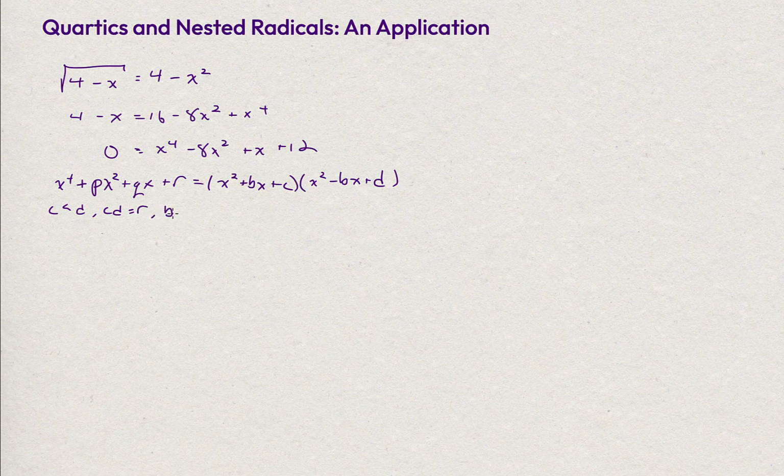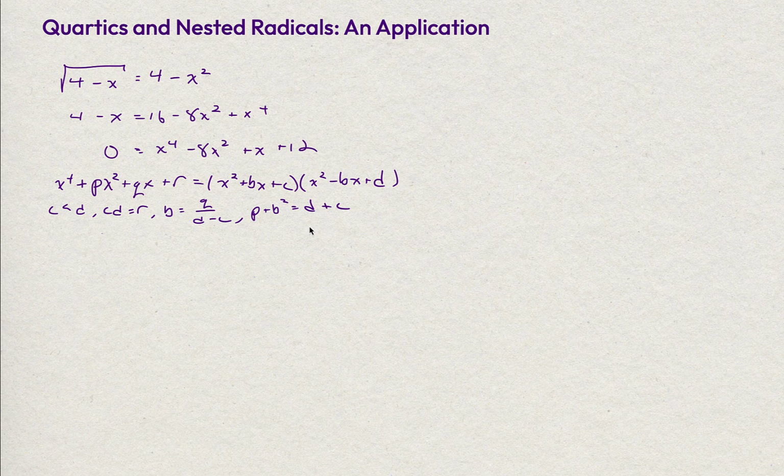Our possibility for b needs to be q over d minus c, and that needs to be an integer if we're factoring with integer coefficients. And then we have this last requirement that p plus b squared has to be equal to d plus c. And technically, we're only worried about getting the absolute values of those equal, and we'll worry about the signs later.